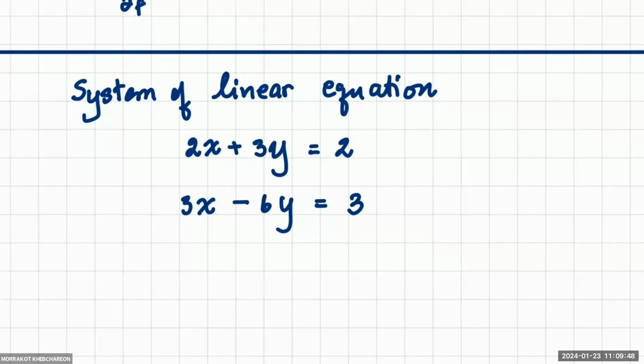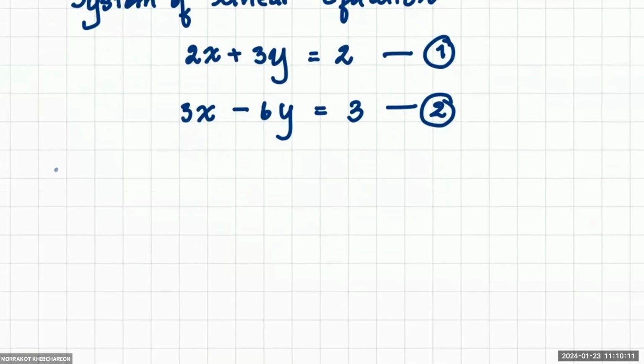I call this equation number 1, and I call this equation number 2. The first way to solve these 2 equations and 2 unknowns is elimination, right? You try to make the coefficients of the equation to be only 1. So the first method is called the elimination method.